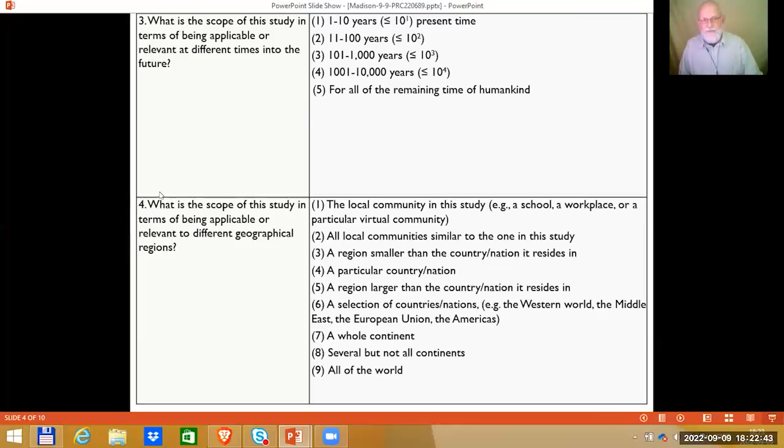And for the geographical issue, what's the scope of this study in terms of being applicable to different geographical regions? It starts with the local community of this study, the specific school or workplace or whatever that community is. All similar communities, regions smaller than a country, and you see that it continues up to the whole globe.